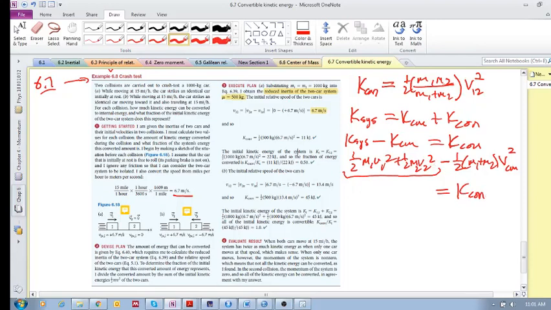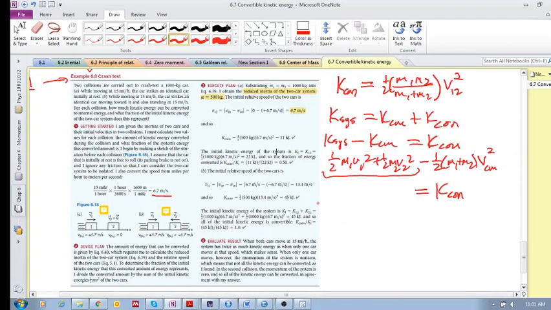So this is exactly the same. So what is this? Half times 1,000 times, what's the velocity of 1? 6.7 squared, plus what's the velocity of 2? It's 0. So our system kinetic energy in the Earth reference frame is this.